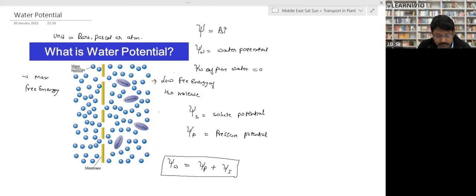Next point. Solute potential is the decrease in the chemical potential of pure water due to the presence of solute particles in it.